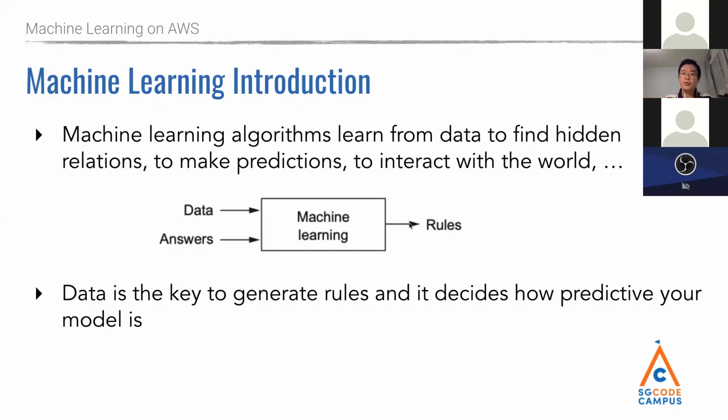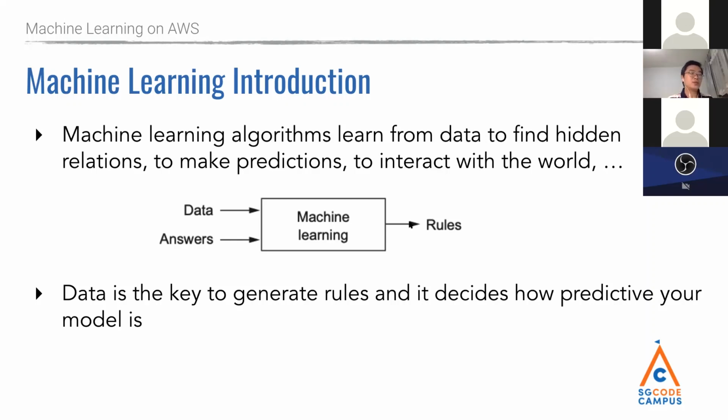So instead of writing the rules explicitly, we make a guess first. Okay, how these rules will look like, a rough skeleton of this model. Then we use a lot of data together with this kind of skeleton to fit the model. So the model will be able to find the best fit to those data.